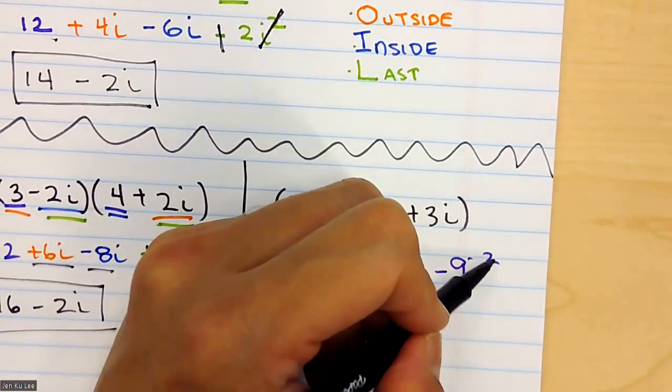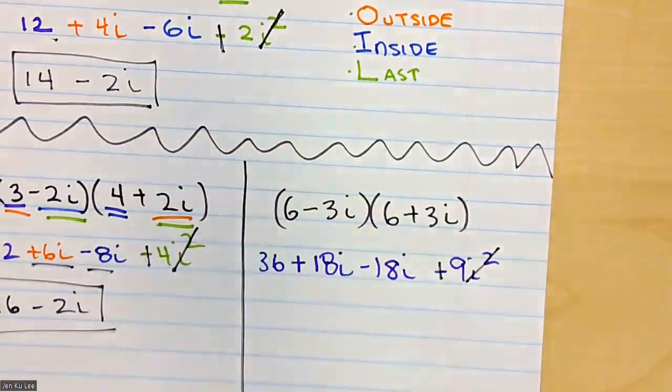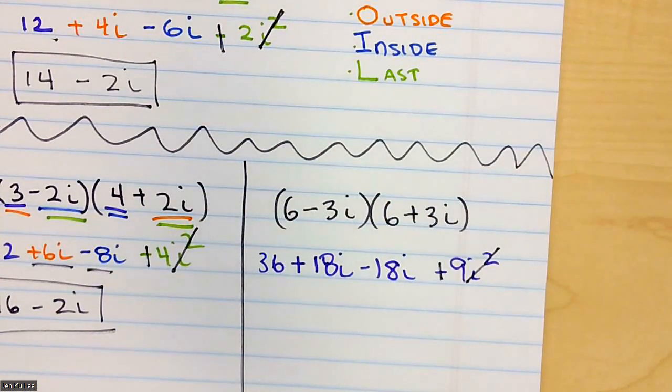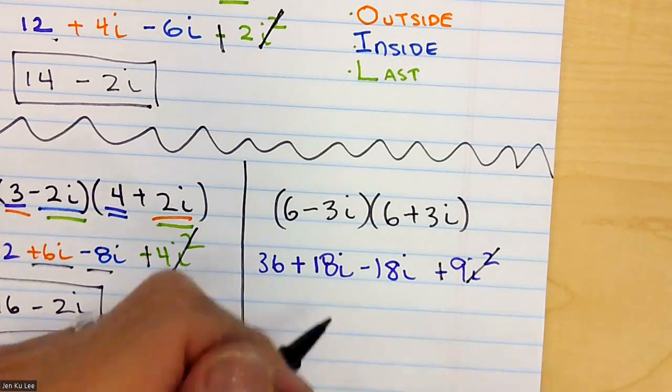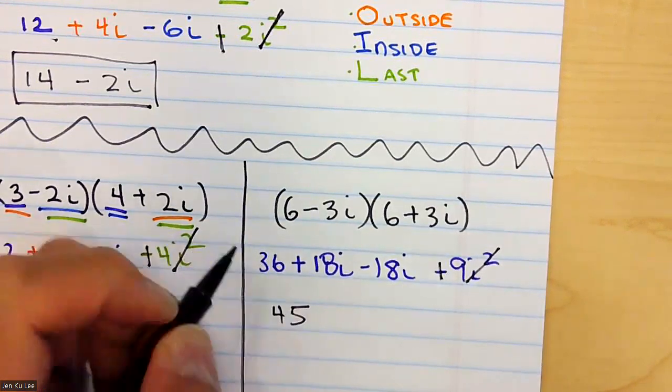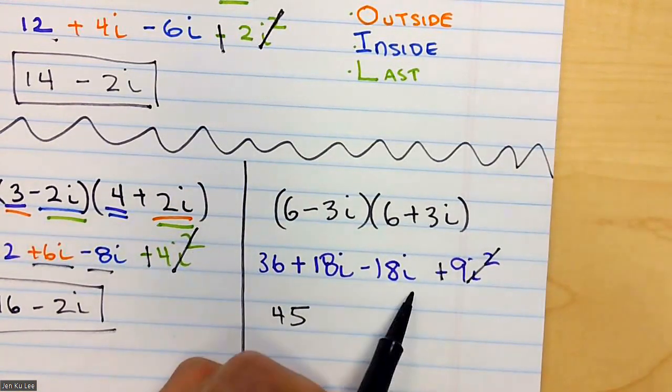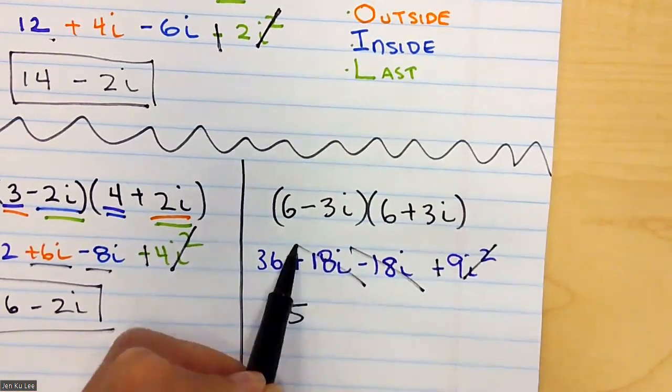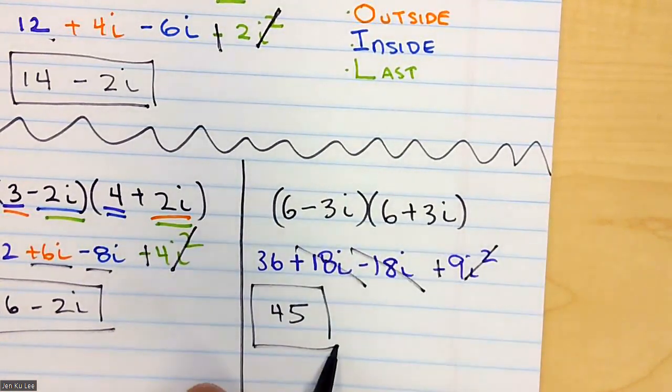So whenever I see an i squared, I cancel it out, change the sign. So 36 plus 9, that's 45. Positive 18i and negative 18i, they cancel out. So you're just left with 45.